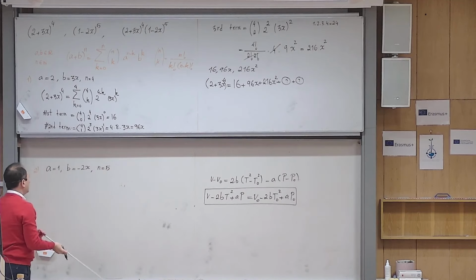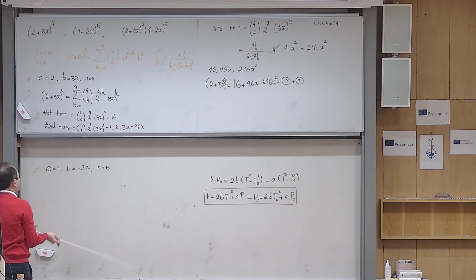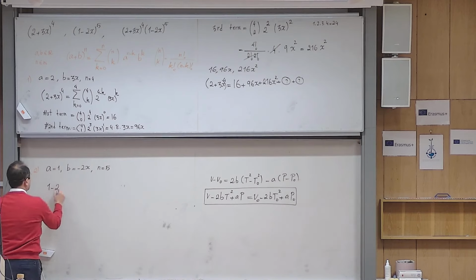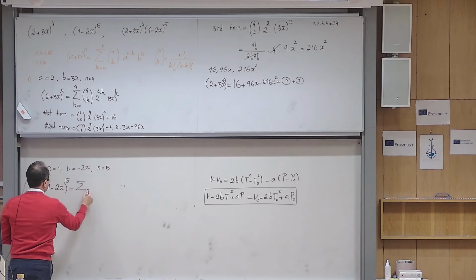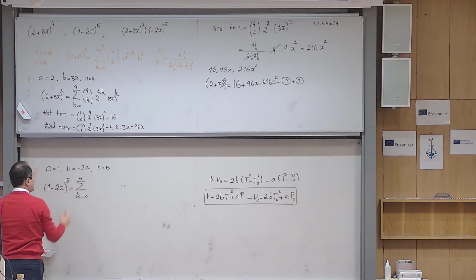And then I replace these in that formula. So I will have 1 minus 2x to the 5th is equal to sigma. I can use the same counter from 0 up to n, which in this problem is 5.